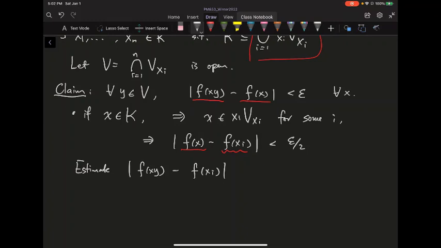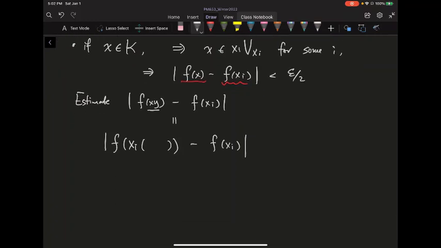So you want to write this xy as something around the neighborhood of xi, the translated neighborhood, okay? So what you do is you want to say, well, this is f of xi multiplied by something, minus f of xi, and hopefully that something is inside the neighborhood ux. Everything is inside a group, so if you want to put xi here, you need to put its inverse, and you put xy here again.